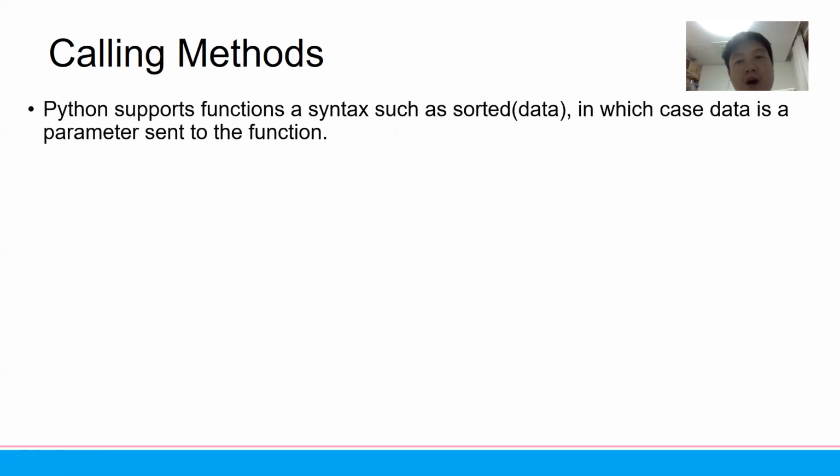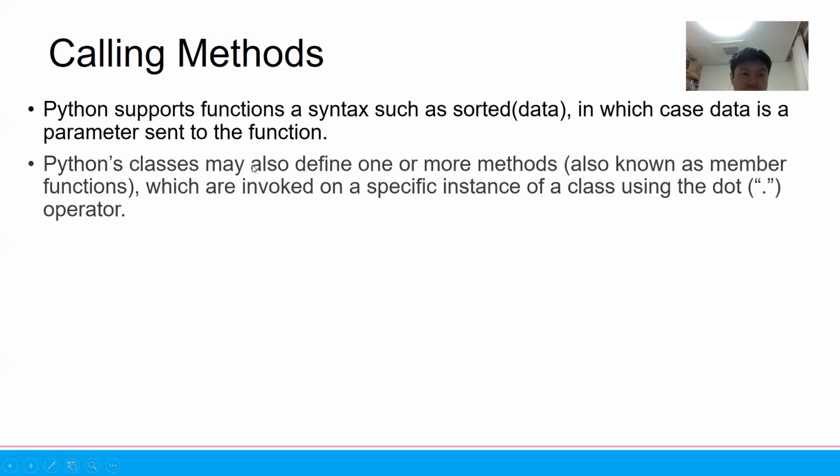When we have an object, we can call its methods. Calling methods means we are going to call the existing methods from the object. Let's say, for example, I want to sort the data, then you can call the method, and the data will be in the parentheses. It is the parameter that you want to send to a function. But in Python classes, you can also define one or more methods, what we call member functions, and these are invoked on a specific instance of a class using the dot.